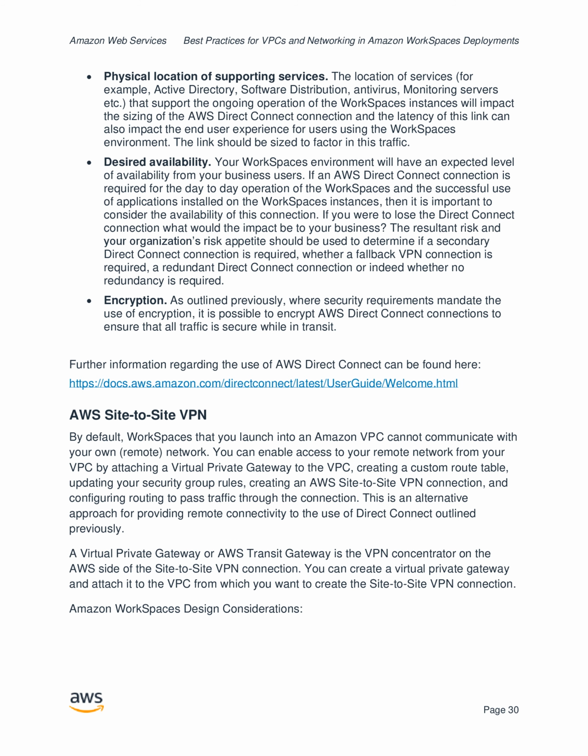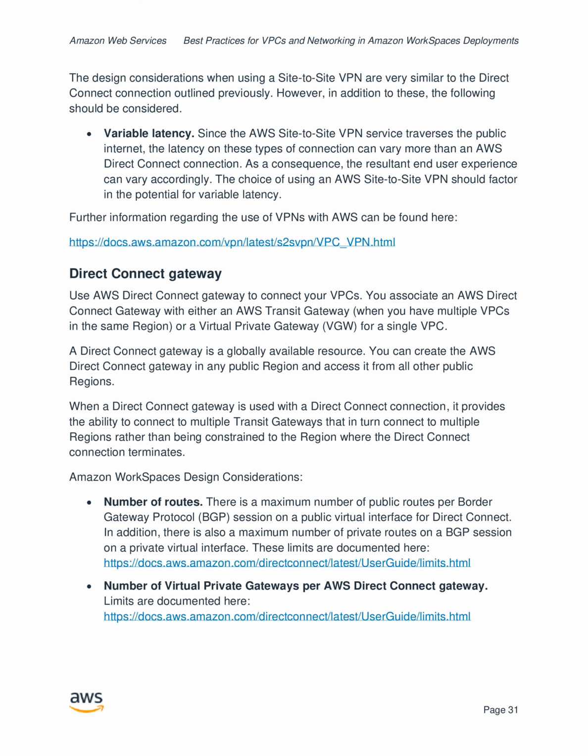Amazon WorkSpaces design considerations. The design considerations when using a site-to-site VPN are very similar to the Direct Connect connection outlined previously. However, in addition to these, the following should be considered. Variable latency. Since the AWS Site-to-Site VPN service traverses the public internet, the latency on these types of connection can vary more than an AWS Direct Connect connection. As a consequence, the resultant end-user experience can vary accordingly.